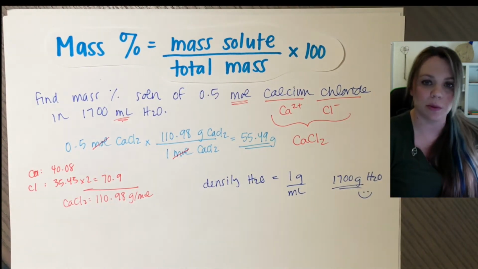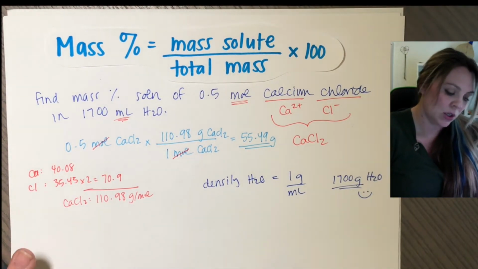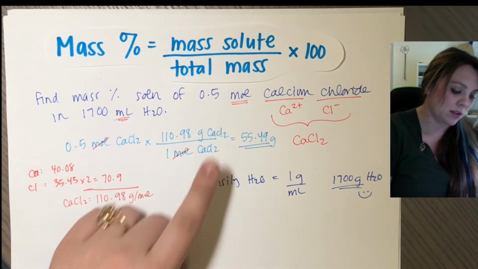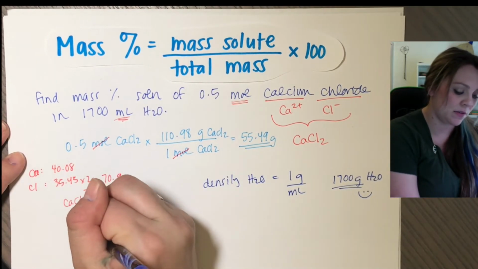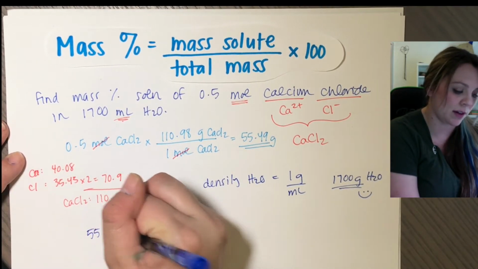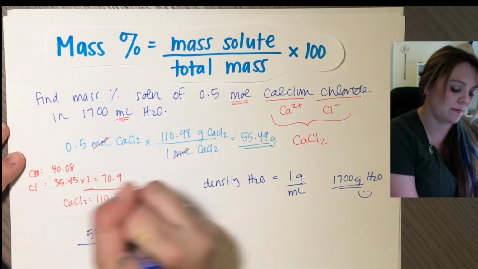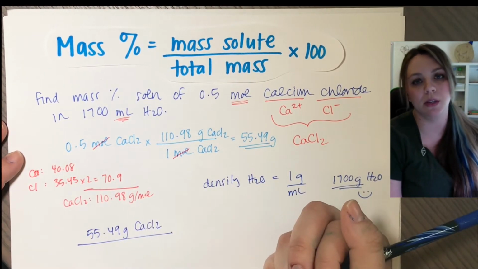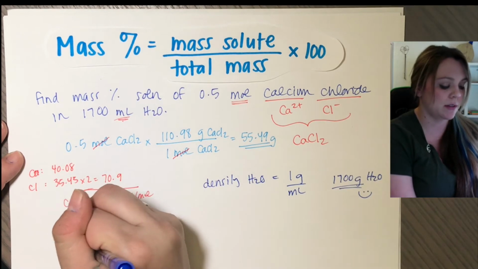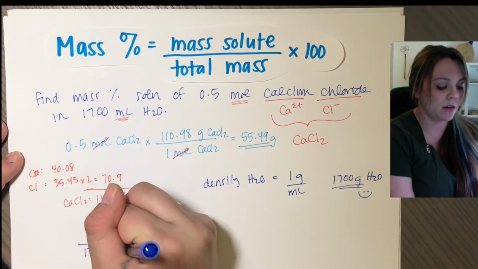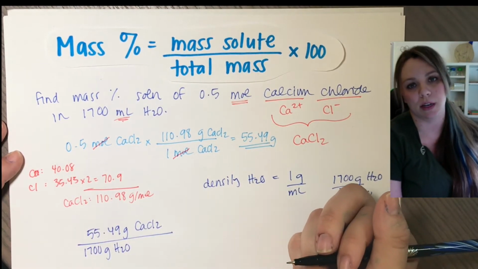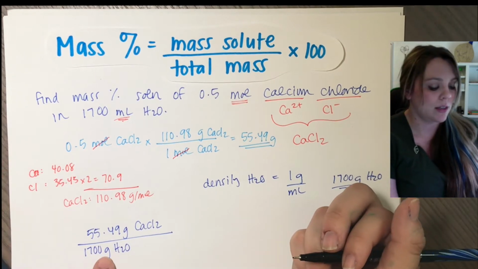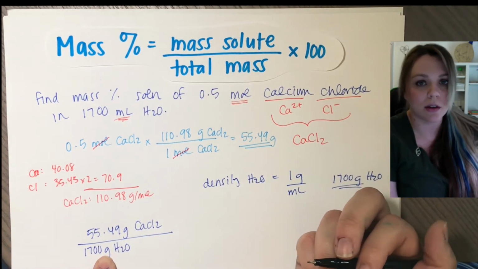And here's where people make mistakes. Okay, so mass of my solute, that's easy, 55.49 grams CaCl2. What most people will do here is they will just put 1,700 grams of water, and then they will times by 100 and call it good. This is not my total mass. 1,700 is not my total mass, right?